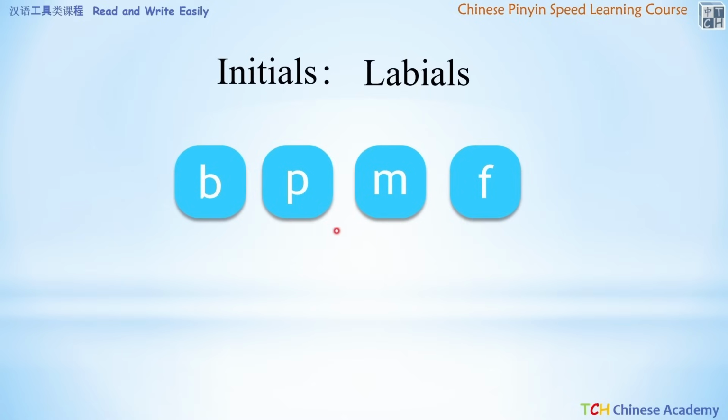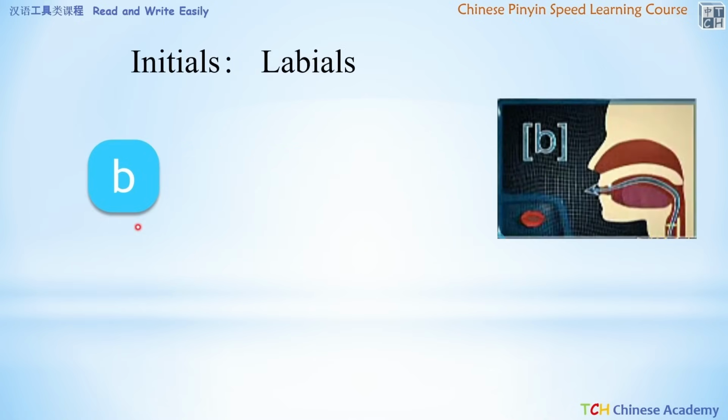So these labials are produced by bringing the lips together or near each other, so that the air is blocked in the mouth, and when you open them, the sound is released. Okay, we'll start with the first labial, b.